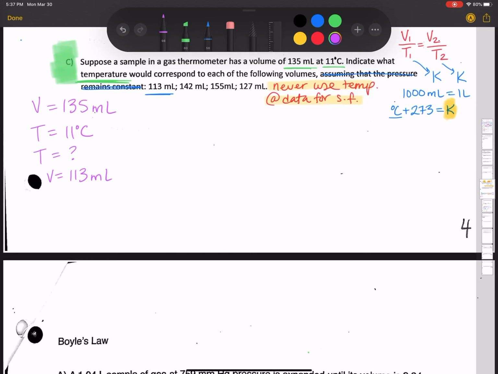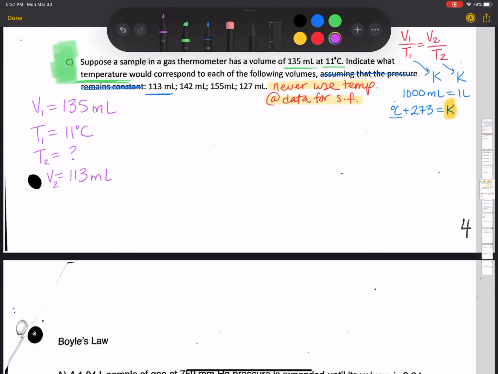If I have a volume of 135 milliliters at 11 degrees Celsius, and I'm now looking for the temperature at a different volume, I can just say that 135 milliliters goes with 11 degrees Celsius. So I can make this V1 and this T1. That means that the new temperature is my T2 and my new volume is 113 milliliters.